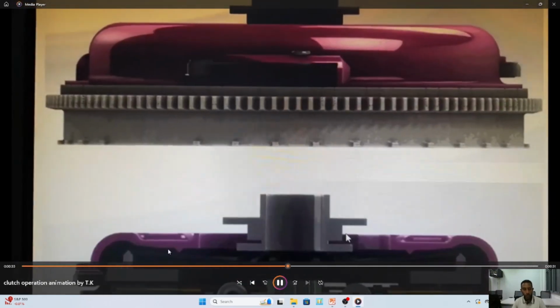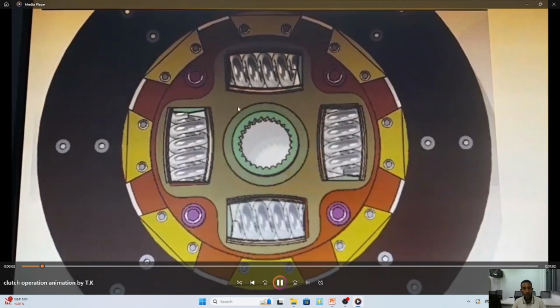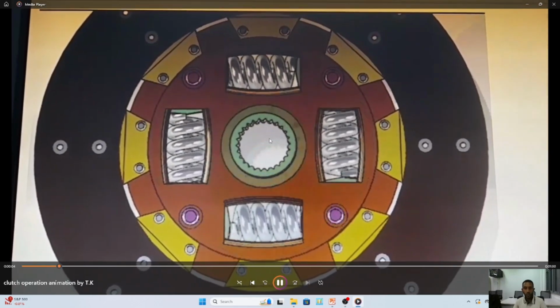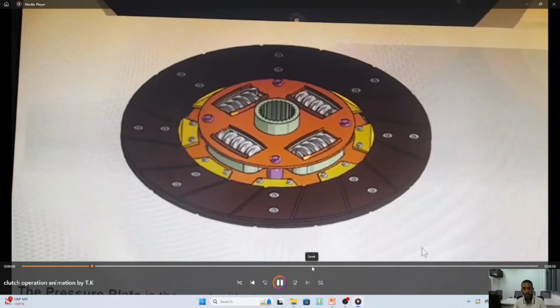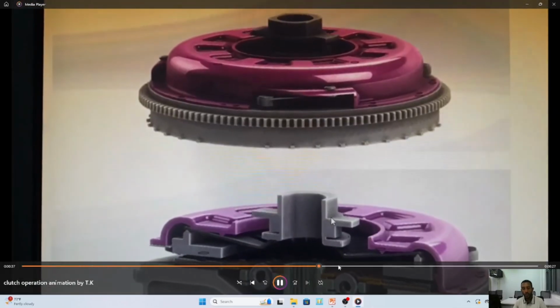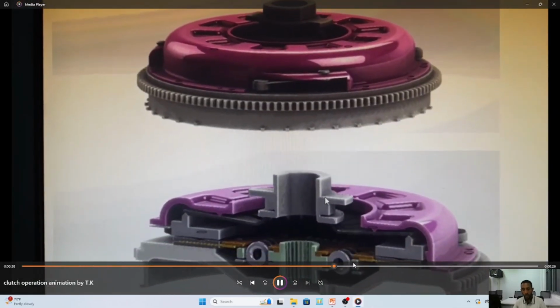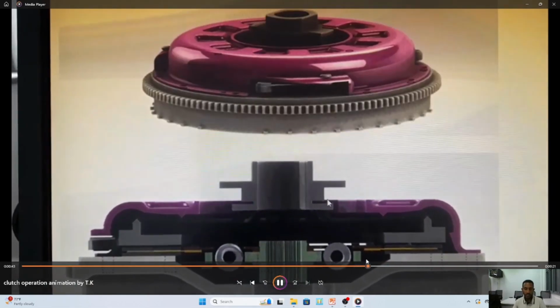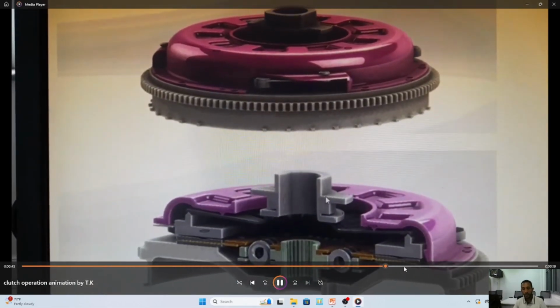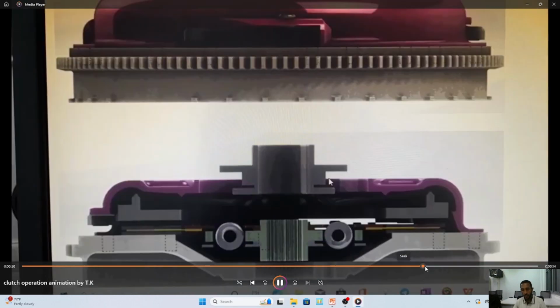Also, the torsional spring reduces the torsional stress of the parts. By combining both, they create a smooth rotation of the parts, or a smooth engagement and disengagement of engine and traction. So this is what the clutch performs.